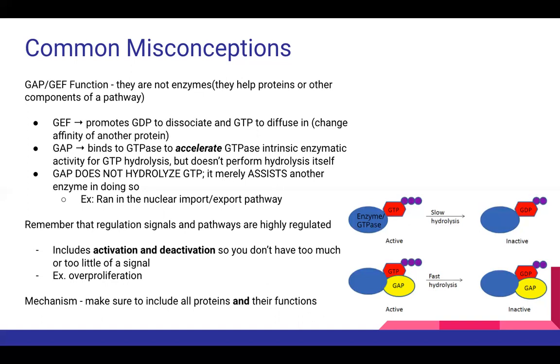And then, just making sure again that you understand all the proteins and their functions, the different components of the mechanism. So if you can understand how it works normally, then you should hopefully be better able to answer gain of function, loss of function questions.